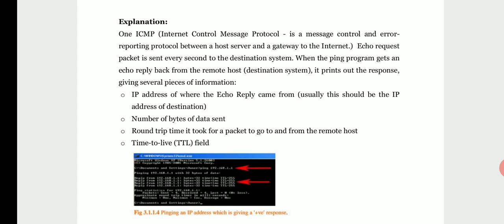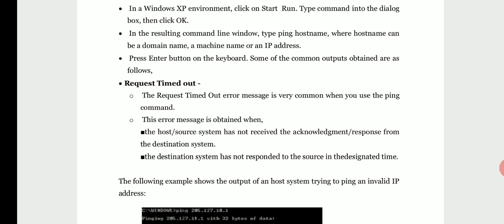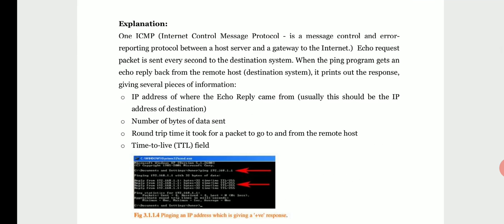When the ping program gets an echo reply back from the remote host, it prints out the response giving several pieces of information. So when you type ping, you will get a response from the destination. The response may be request timed out if any error occurs, otherwise there will be a positive response also.